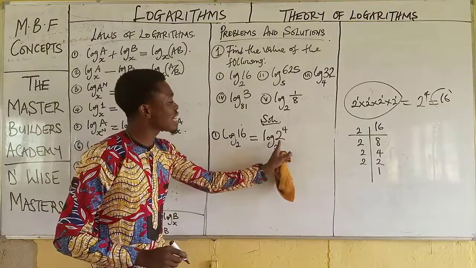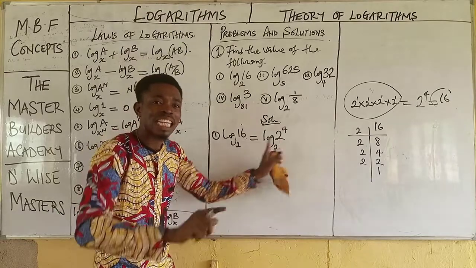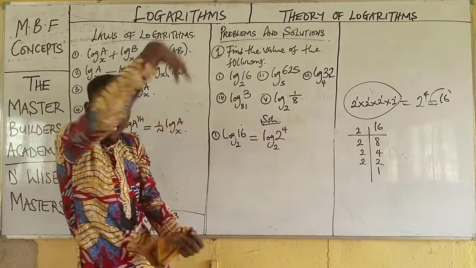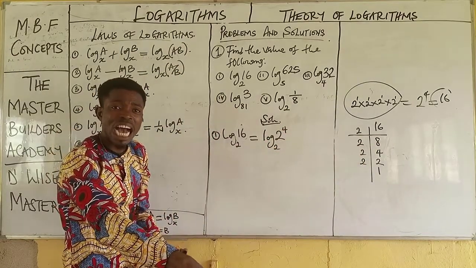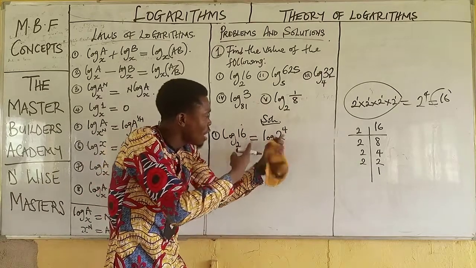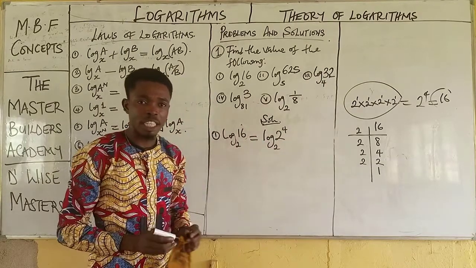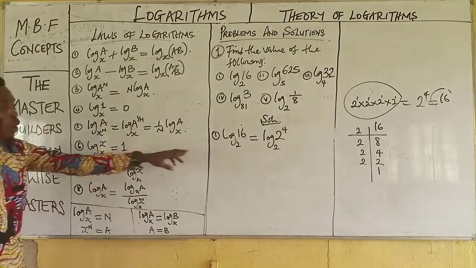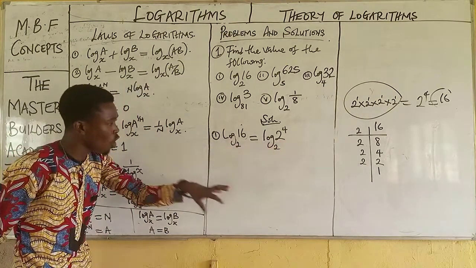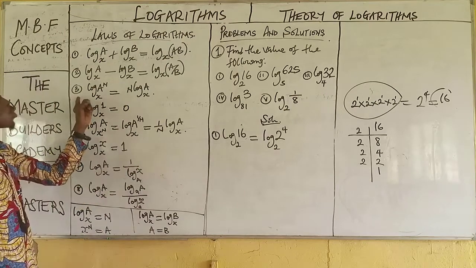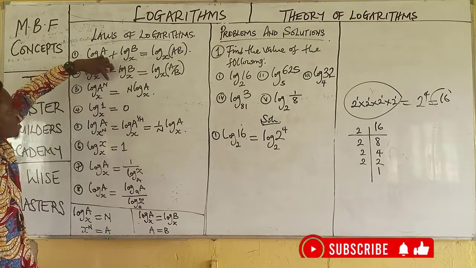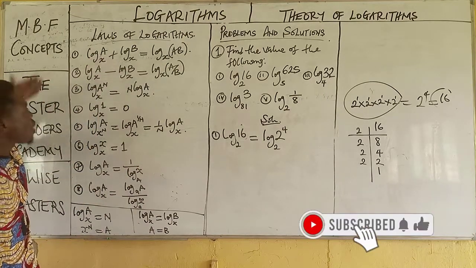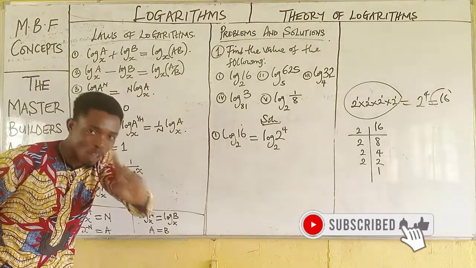Now we find that at this point, the number has a power. So we will come back to our law table and look for the law that aligns with this particular step we are in. When the number has a power, which law do we use? We make use of law number 3: anytime the number has a power, you bring down the power to become the coefficient of the log.